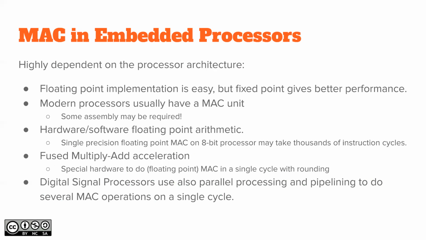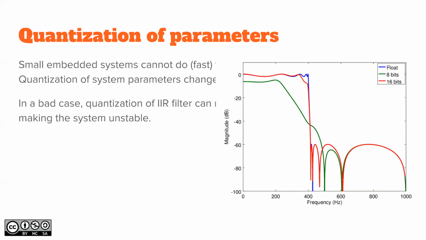Where is the decimal point? Quantization of parameters: small limited systems cannot do fast calculations, and when you quantize those floating point coefficients, you end up deteriorating the filter performance. No good.